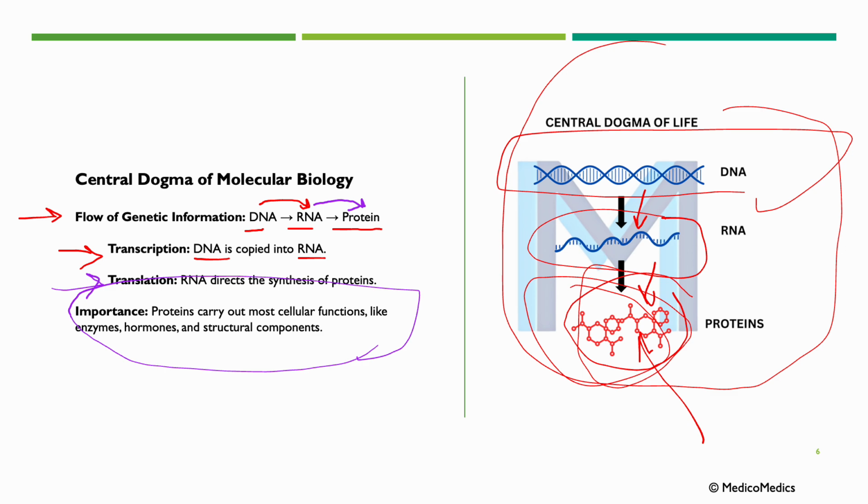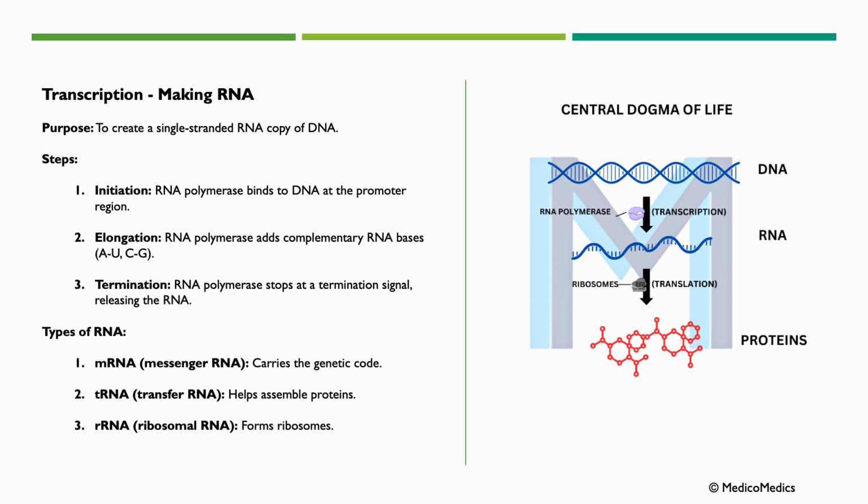Now let's look at transcription, which is the first step of this central dogma. Transcription, the making of RNA. The purpose of transcription is to create a single-stranded RNA copy of DNA. Steps include initiation, so RNA polymerase, the enzyme, binds to DNA at the promoter region.